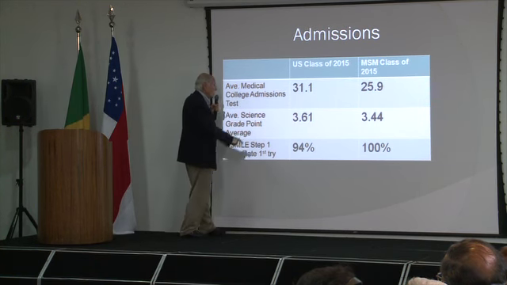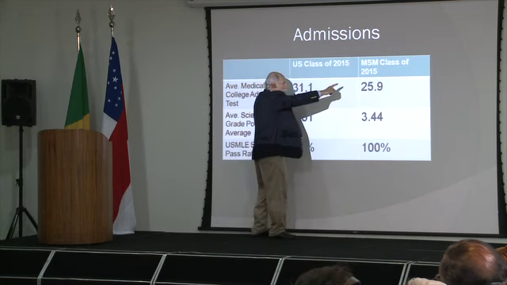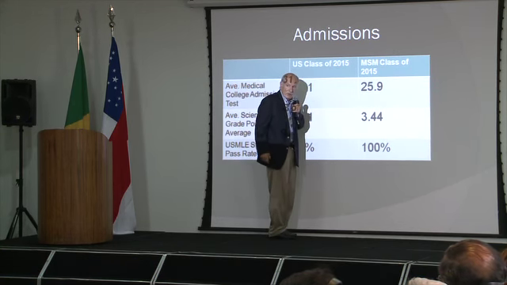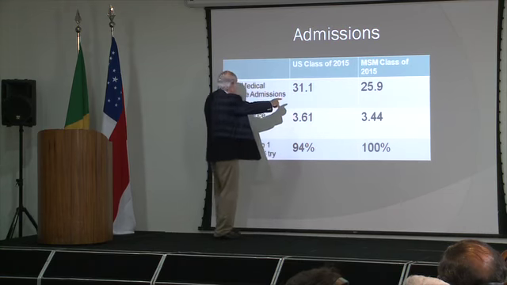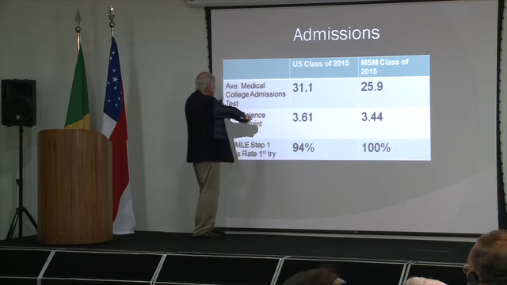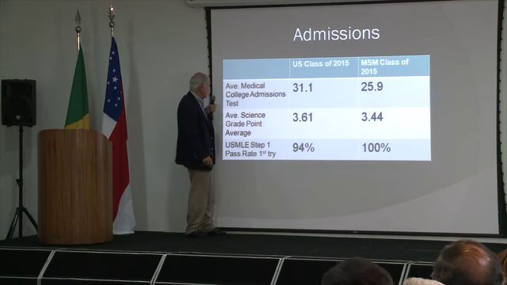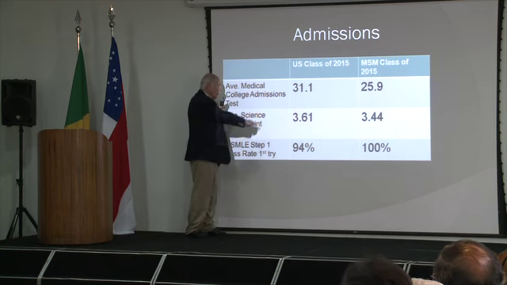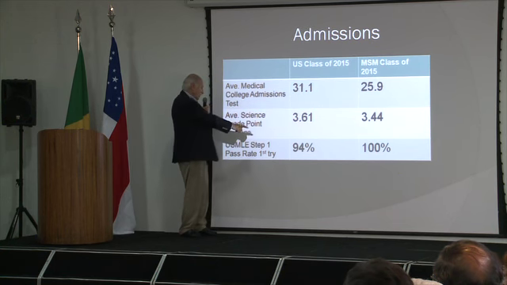This is a little table that shows the class of students who are scheduled to graduate this academic year. When they were admitted, their medical college admissions test scores were not as high as the national average. Their grade point average was not as high as the national average for entering medical students.